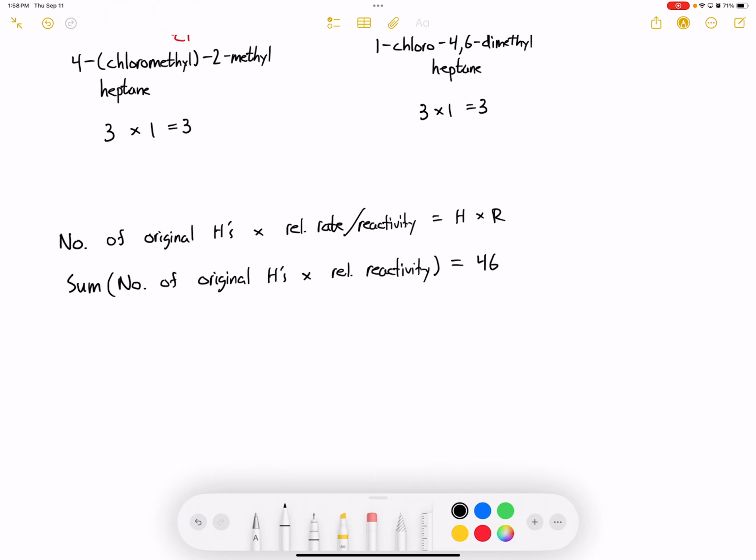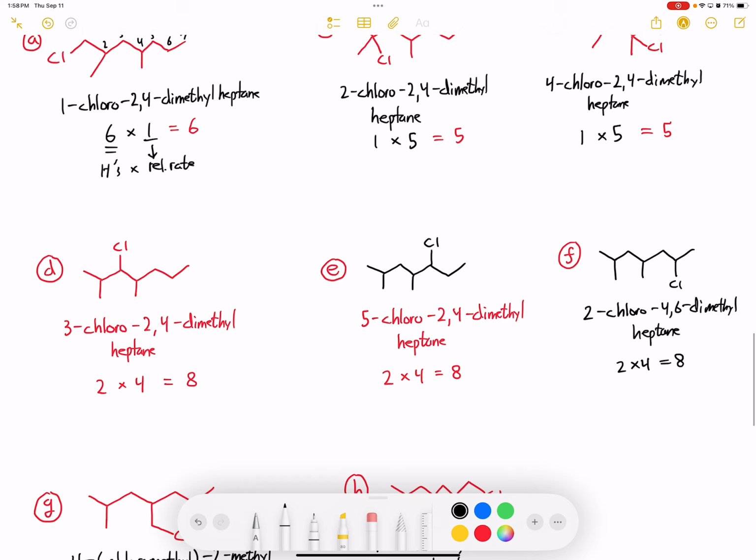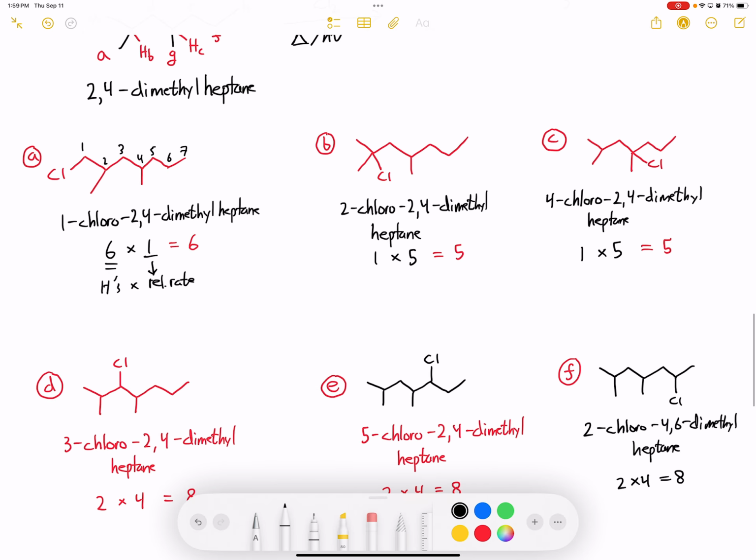All right, so you kind of see here that if we get the numbers wrong, we will get the whole percentage yields wrong. But don't worry, if anything, I'll only ask you to draw 3 products and predict the yields of each, okay? Not 8, that's way too long, all right? So now let's figure out the percent yields, okay?